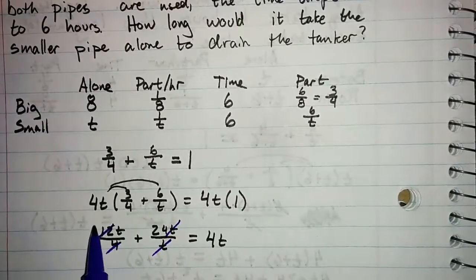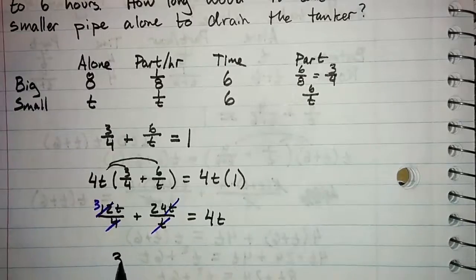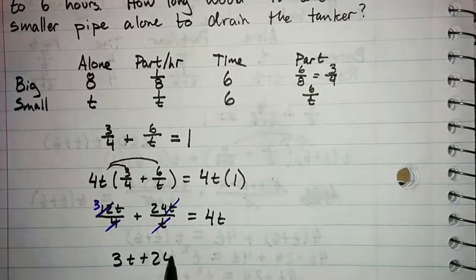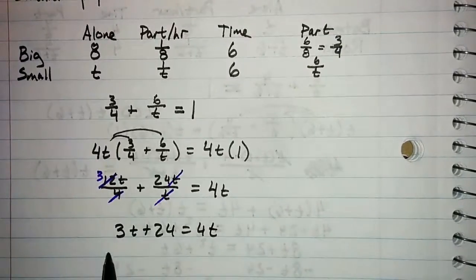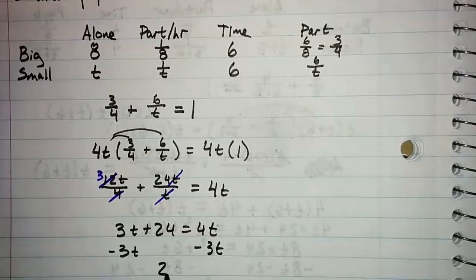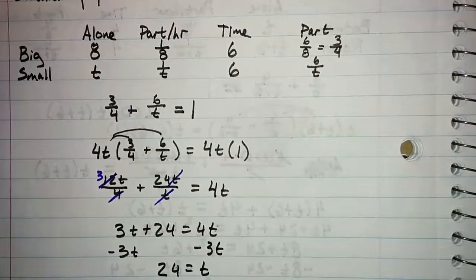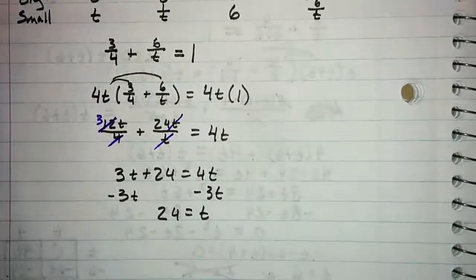Here a common factor of 4 cancels, and I get 3t plus 24 equals 4t. Subtracting 3t on both sides, I get 24 equals t. The smaller pipe alone would take 24 hours.